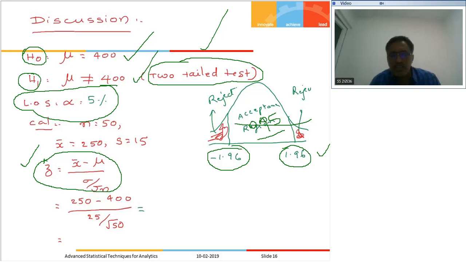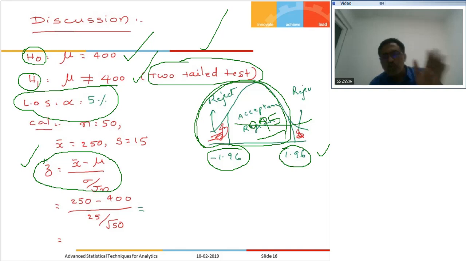So find the total here. What is the total probability till this area? This area, 0.95, the critical region, and this tail. Because if you remember, this is how we use normal distribution tables, right? Now from the normal distribution tables, we check the Z value corresponding to this probability. Then it is 1.96.